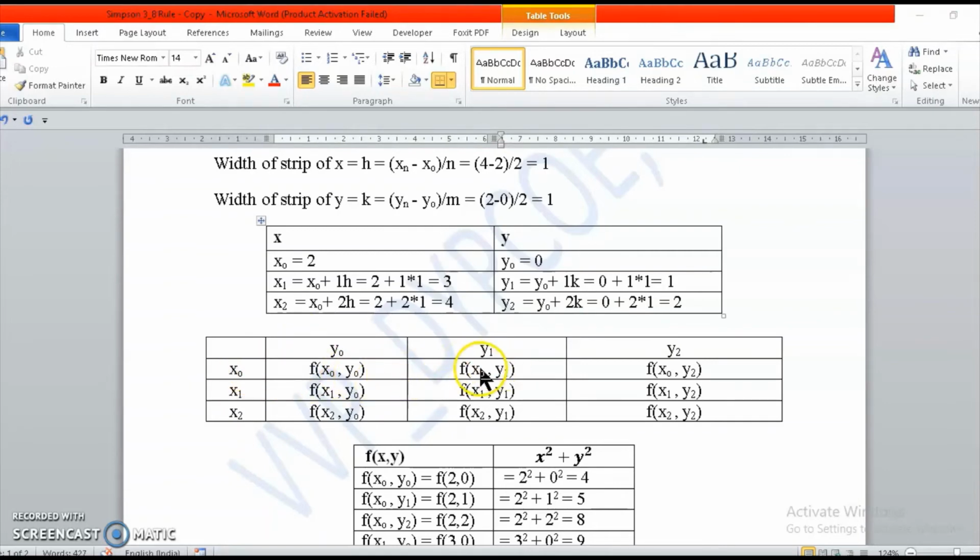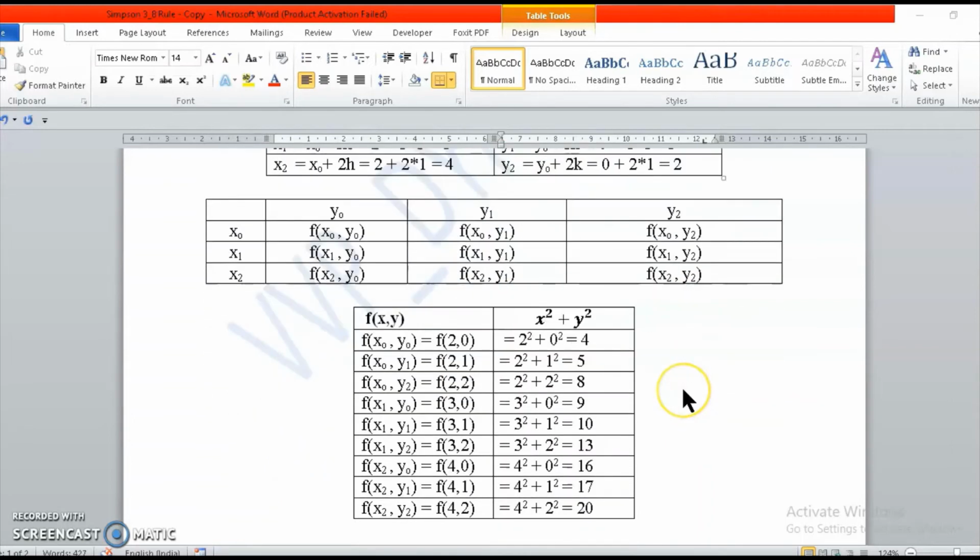Similarly, in the next cell you can see x0 and y1 are intersecting. Therefore I have written f of x0, y1. Then similarly in this cell x2 and y2 are intersecting, and therefore I have written f of x2, y2. Now our aim is to calculate all the values of f of x0, y0, then f of x0, y1, f of x0, y2, like that.